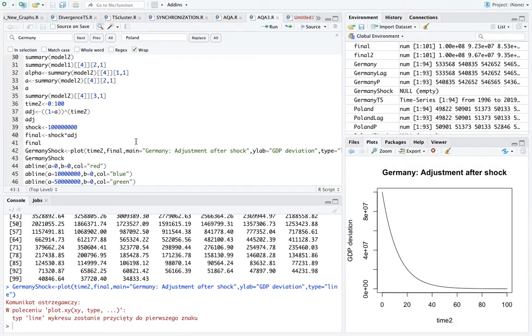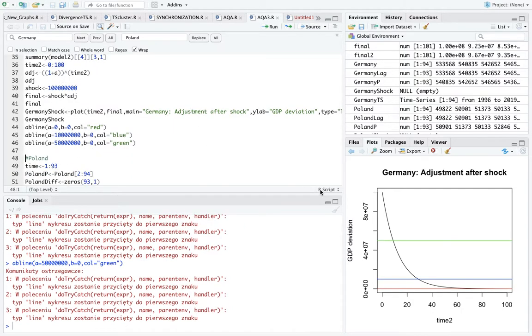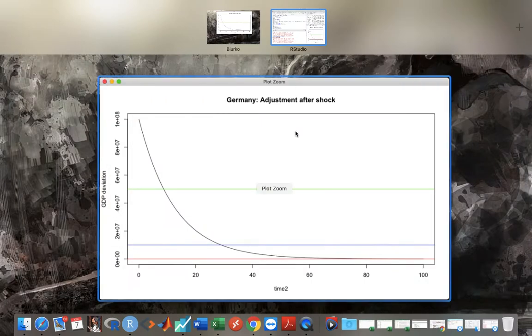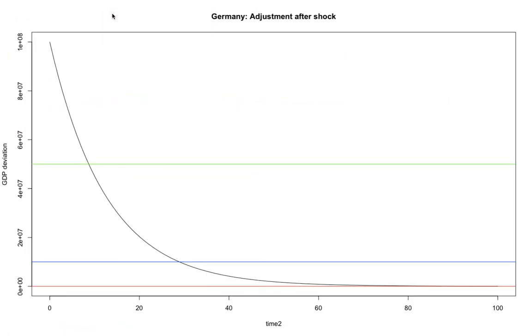Let's add some lines for reference. And what do we see right now? At this moment, we see that half of the shock was absorbed in the economy in about, I want to say, 4 years.